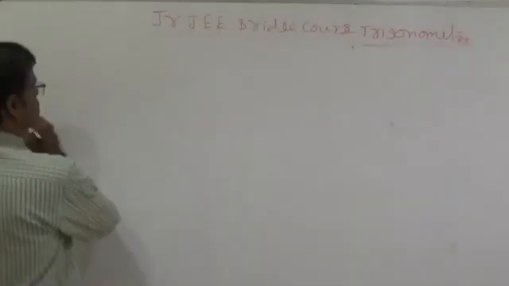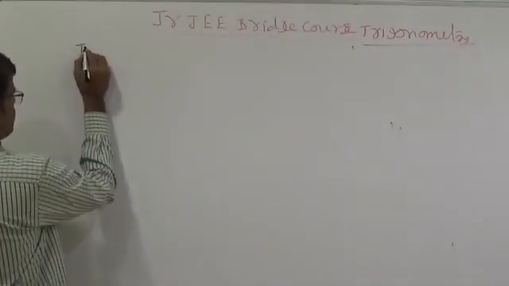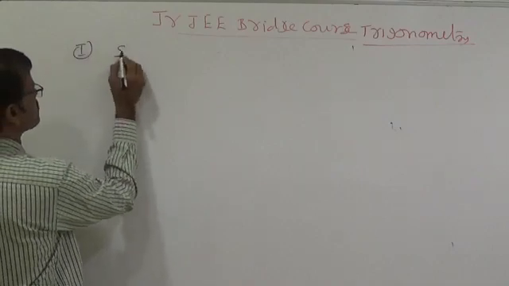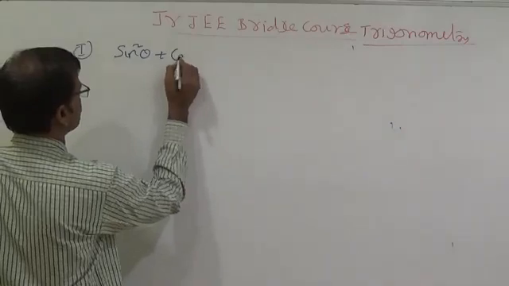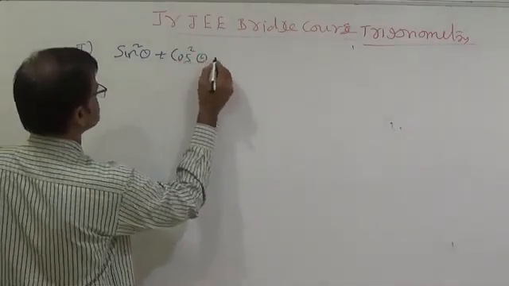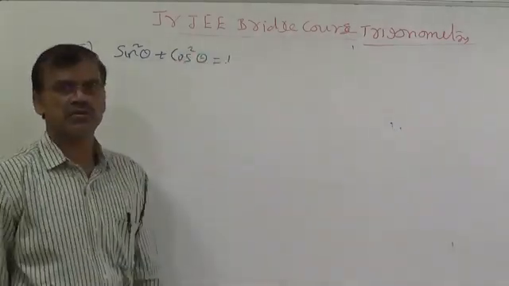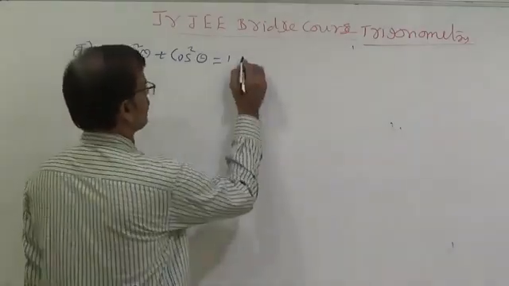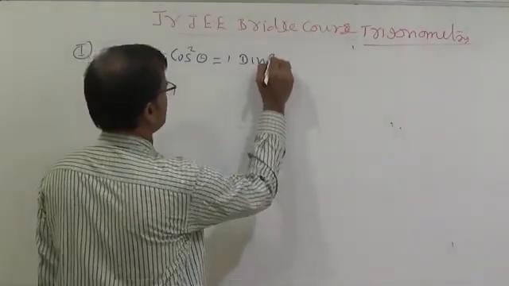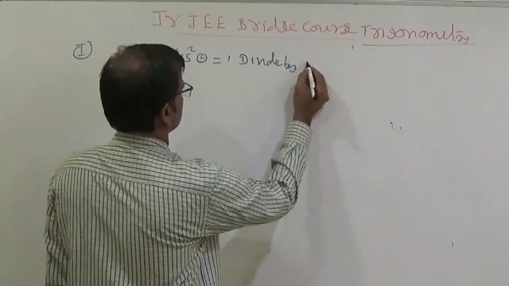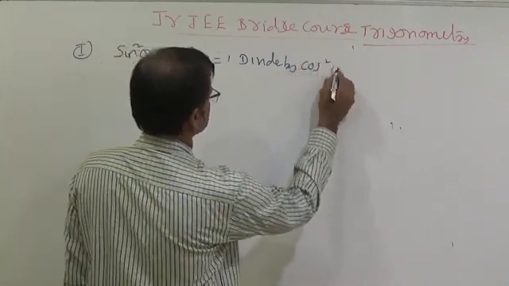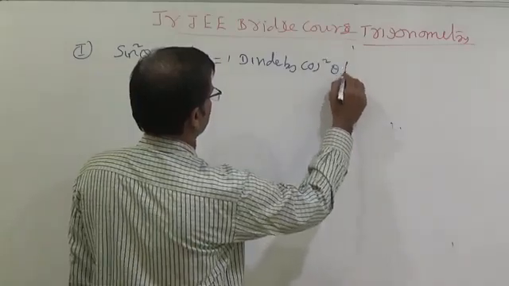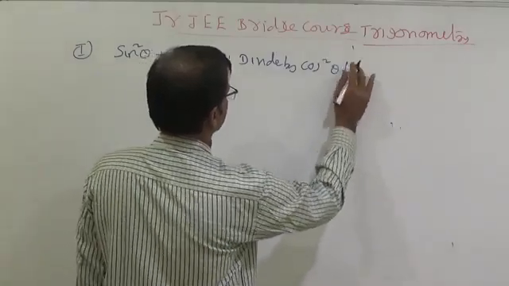Next, depending upon the first one, I am writing sine square theta plus cos square theta is equal to 1. Now divide by cos square theta on both sides.